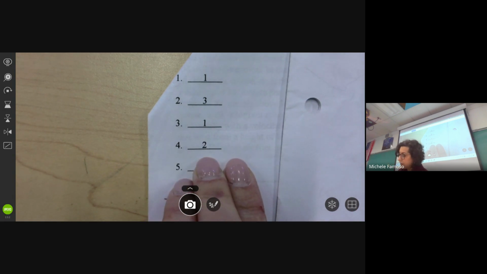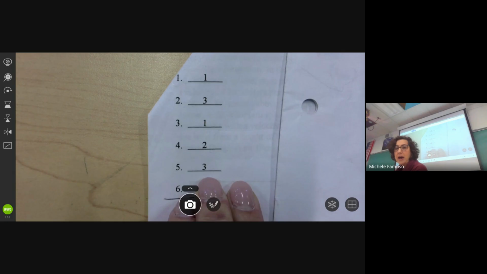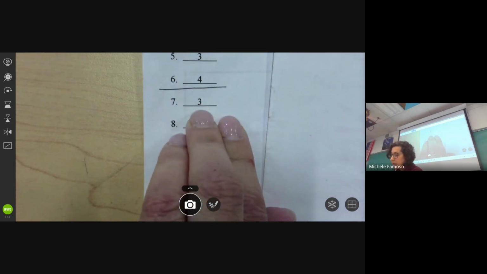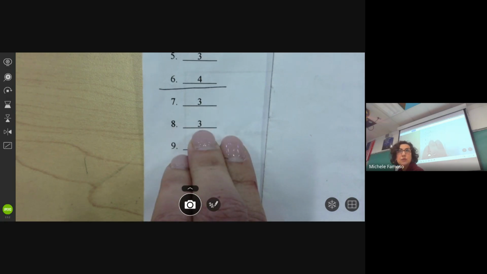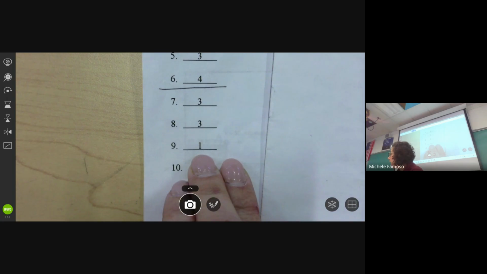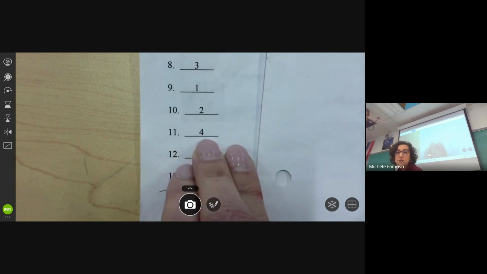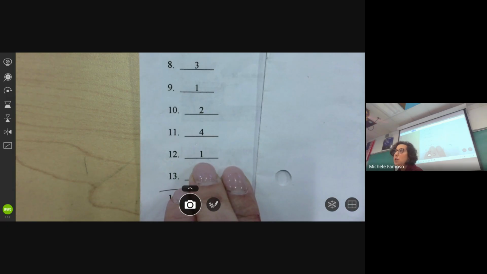Number 4 is 2. 5 is 3. 6 is 4. 7 is 3. 8 is 3. 9 is 1. 10 is 2. 11 is 4. 12 is 1.